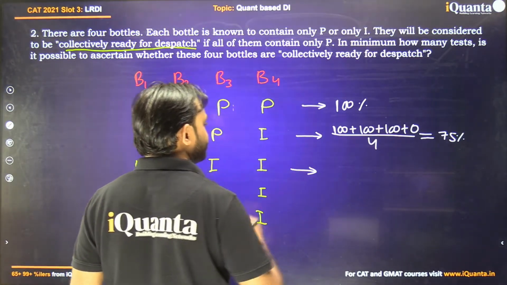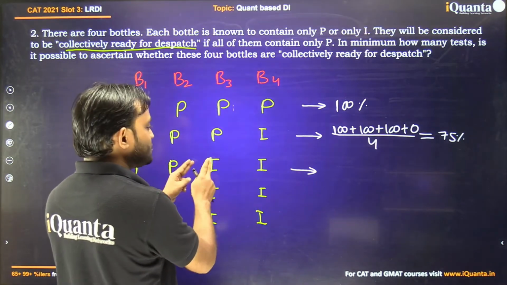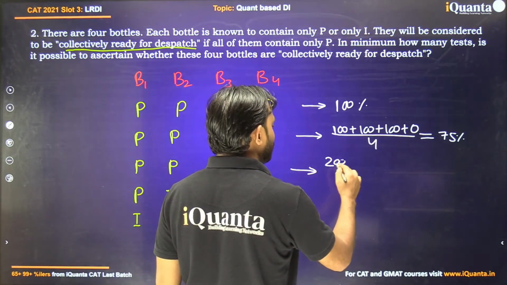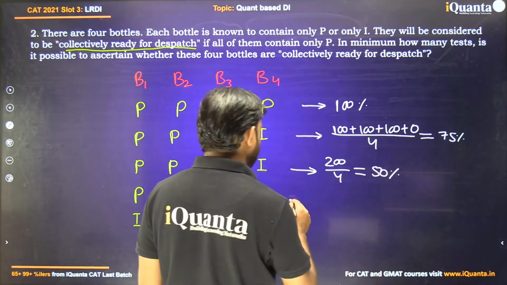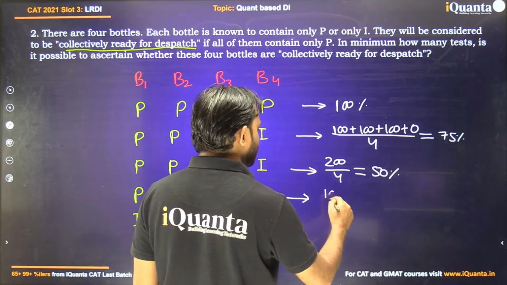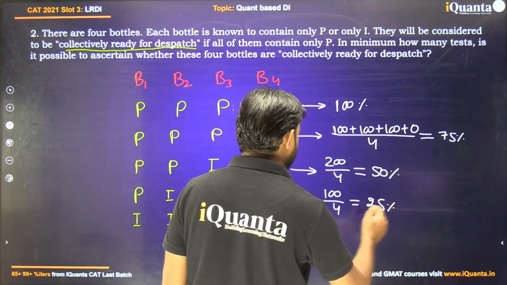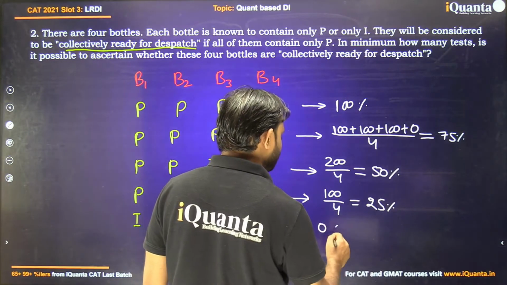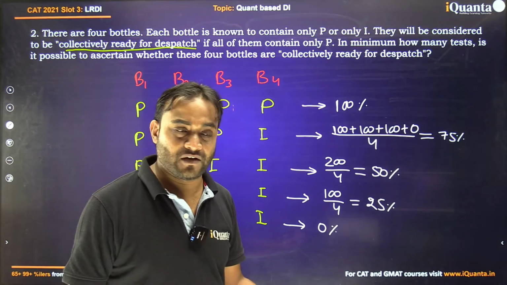So this is not ready for dispatch. In this case, it will be 200 upon 4, so this is 50%, and in this one it will be 100 by 4, which is 25%, and in this one the purity level will be 0%. So it doesn't matter whichever combination has been given.